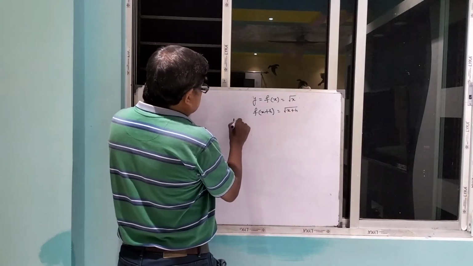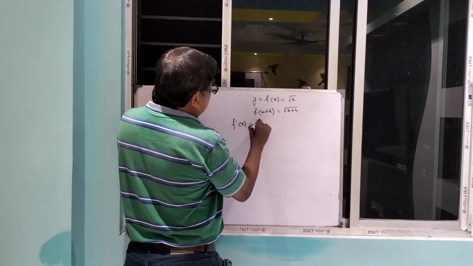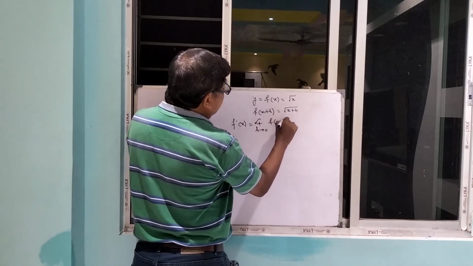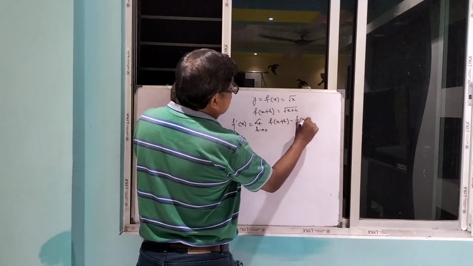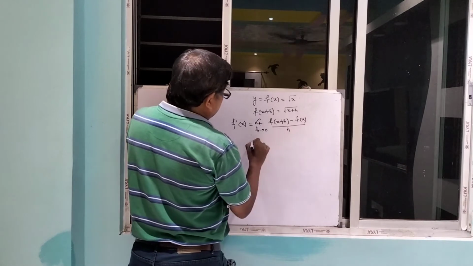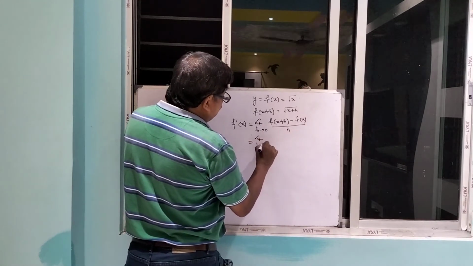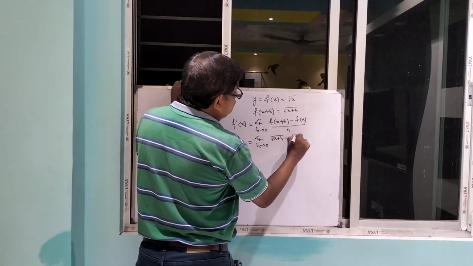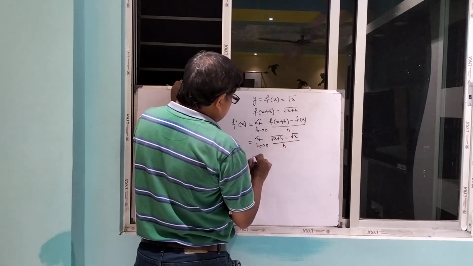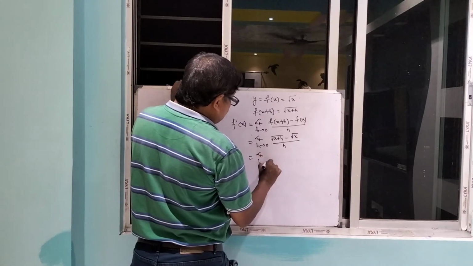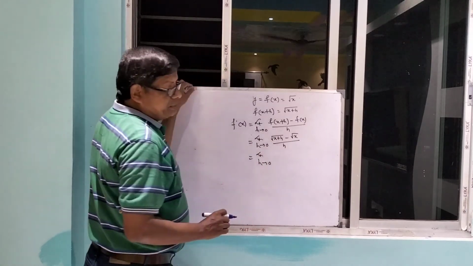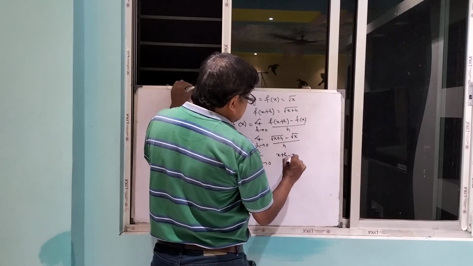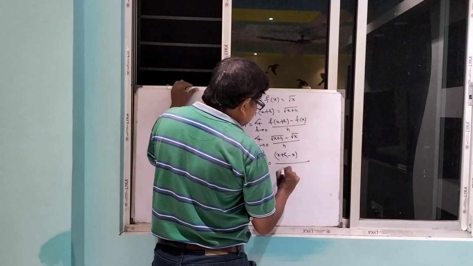So f dash x, that is dy by dx, equals limit h tends to 0 of f of x plus h minus f of x by h, so limit h tends to 0 of root of x plus h minus root x by h.